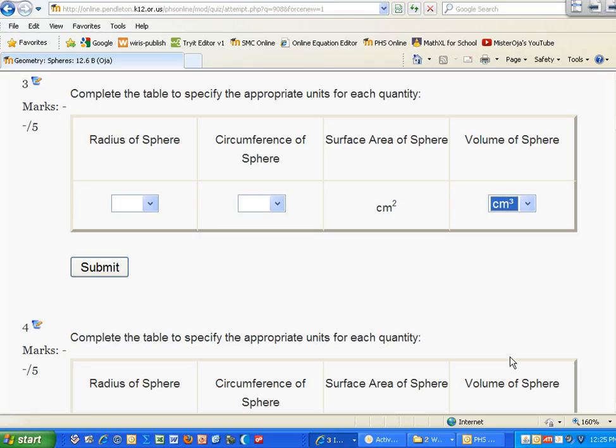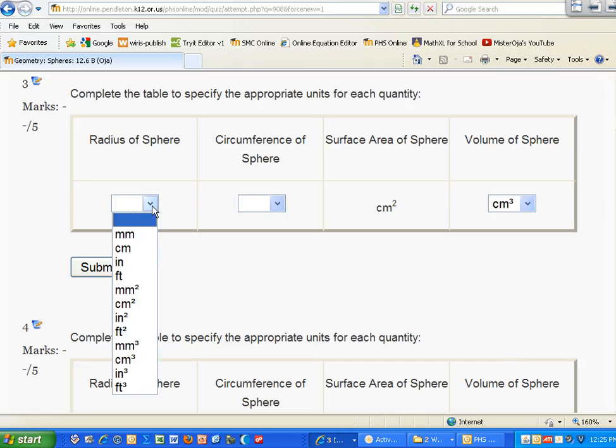What about radius? A linear measurement, an area measurement, or a volume? Linear, sure. So that would be centimeters. You bet. What about circumference? Is the circumference the same as the perimeter? Yeah. When we talk about perimeters of shapes, that means the distance around.